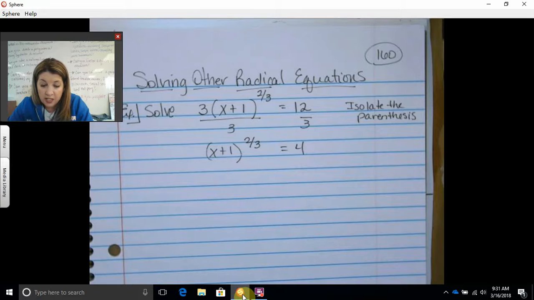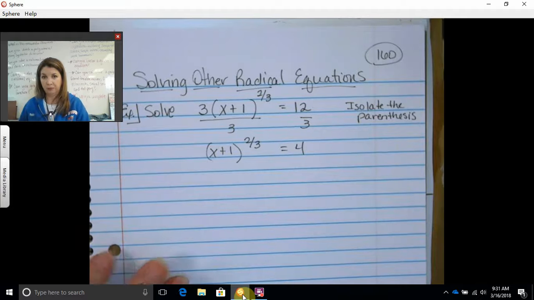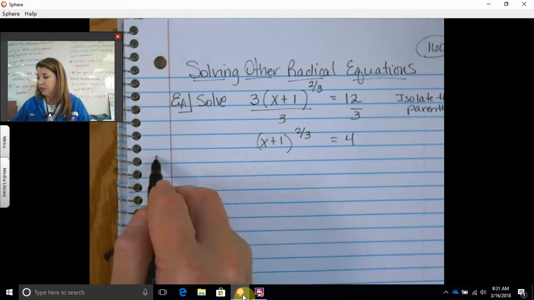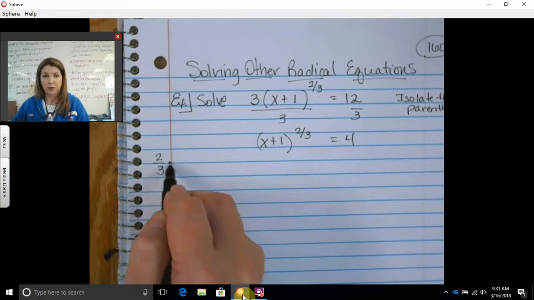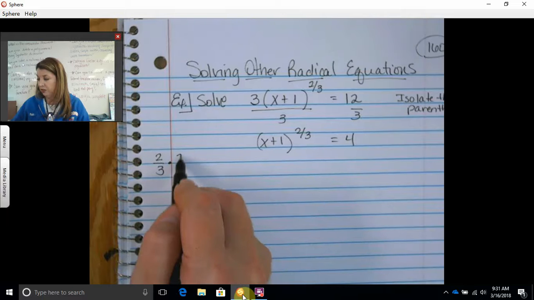So again, we could turn it into a radical, but the easiest thing to do is, you know what happens when you multiply a number by its reciprocal? It cancels. And turns into what? What number? 1. Somebody said it. So if I have 2/3 and I multiply by its reciprocal, what's the reciprocal of 2/3? 3/2.